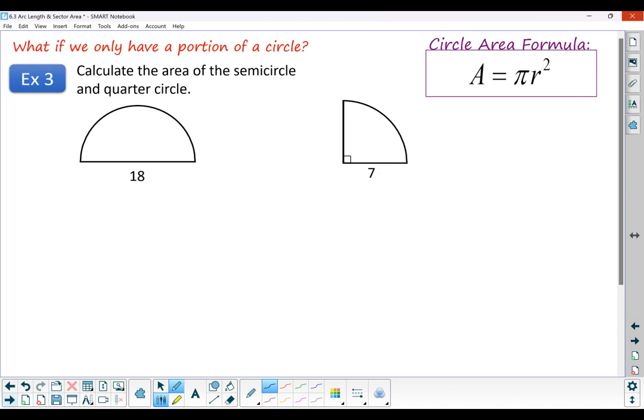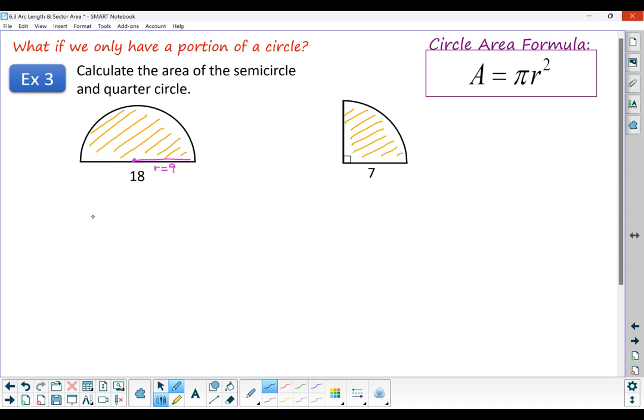All right, so what if we only have a portion of the circle? We want to calculate the area of this semicircle and the area of this quarter circle. Well, the area equation we can still use here. This first circle has a diameter of 18, so that means it has a radius of 9.